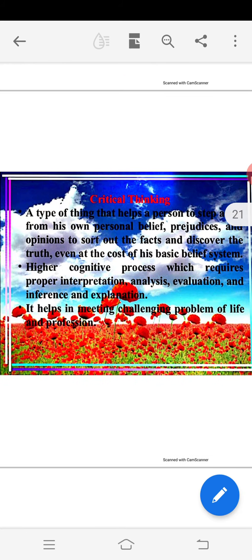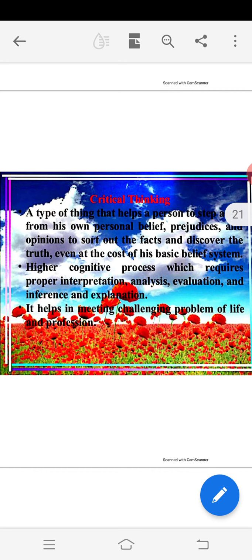Then come to critical thinking. The critical thinker who thinks about a complex problem sets aside personal belief, prejudice, and opinion, and discovers the truth. It is a higher cognitive process.